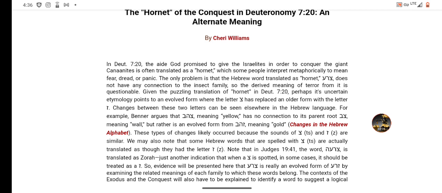Its uncertain etymology points to an involved letter form where this letter right here, right? This recent Masoretic letter right here that's been altered has replaced an older form with this letter right here.